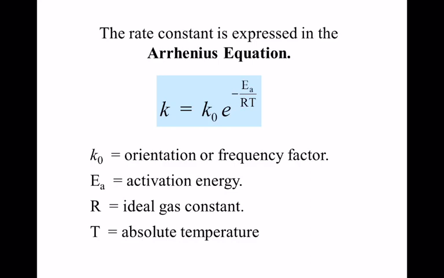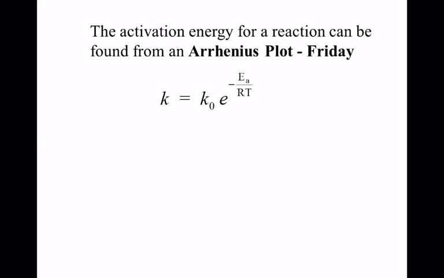So, okay. Let's continue to look at this. This is the Arrhenius equation, and we're going to come up with an Arrhenius plot. So how are we going to plot this thing?